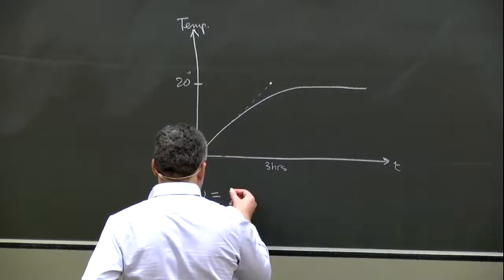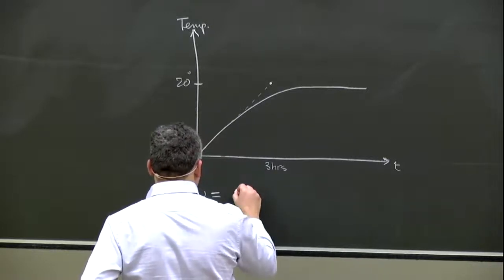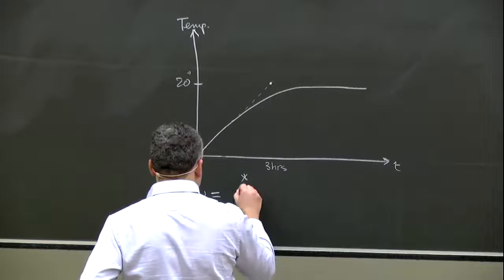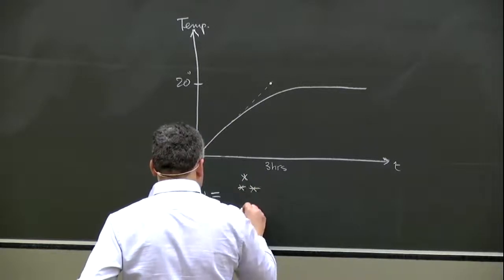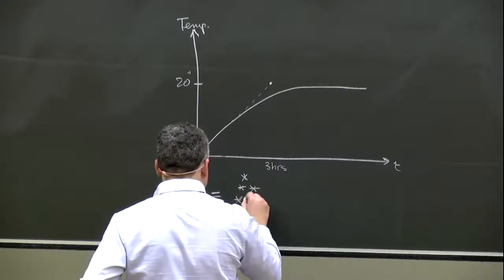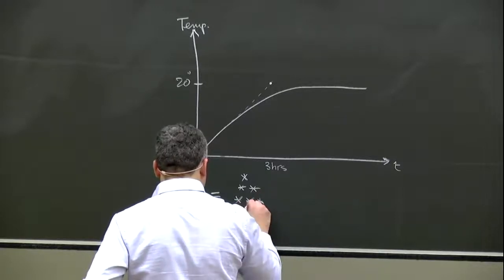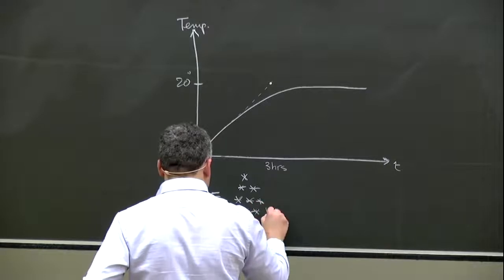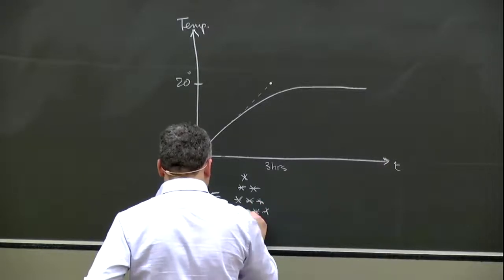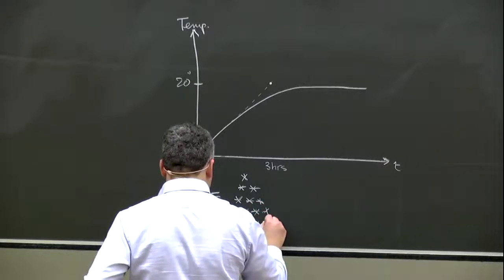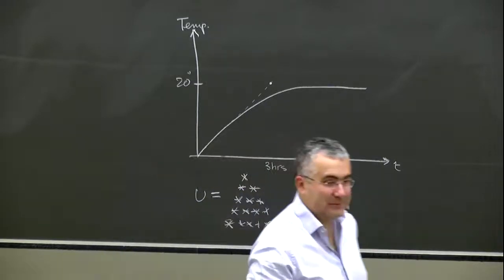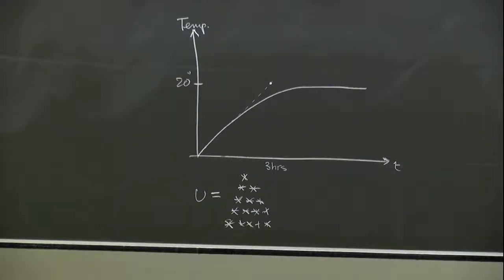Your control input can be one of 1 star, 2 stars, 3 stars, 4 stars, or 5. So what would you do?